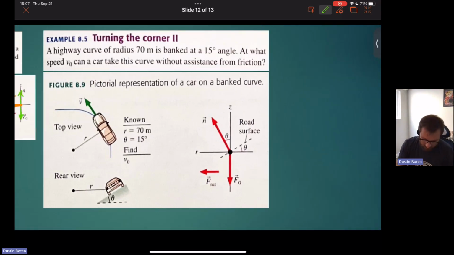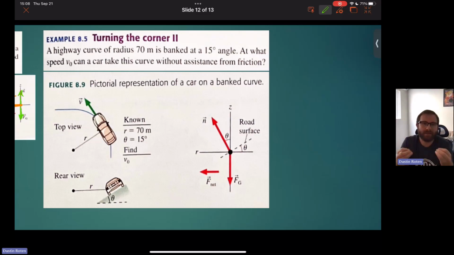This will be good. Okay, so let's look at our pictorial representation. We've got the car going around a curve of radius r. We only know the radius and the angle. Not a lot going on in this problem. But what's really interesting is if we add up stuff in the radial direction, remember we have to have a thing.